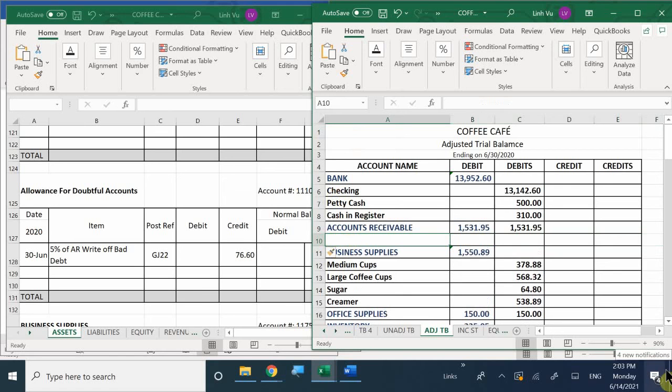a line here and enter in my allowance for doubtful accounts. In this case, it's a contra account. So contra account, allowance for.